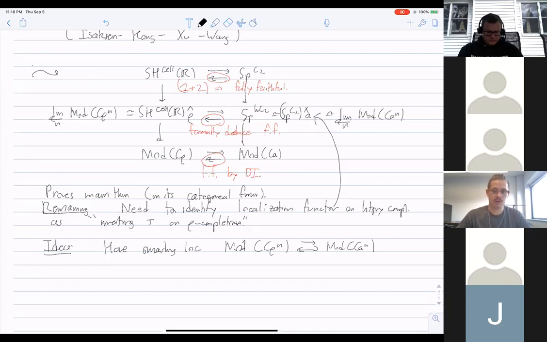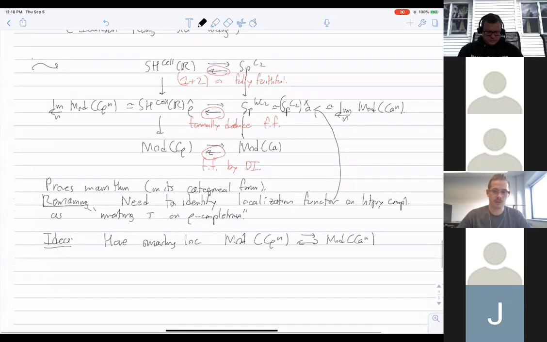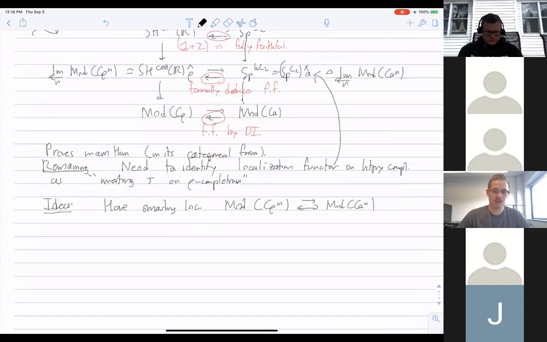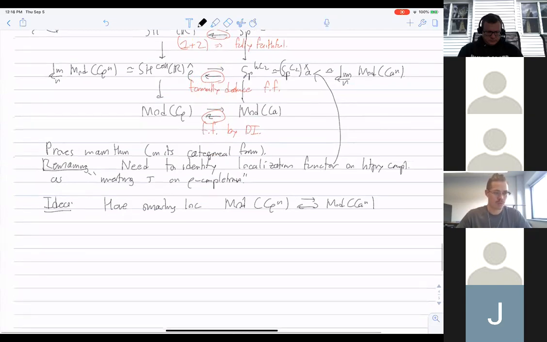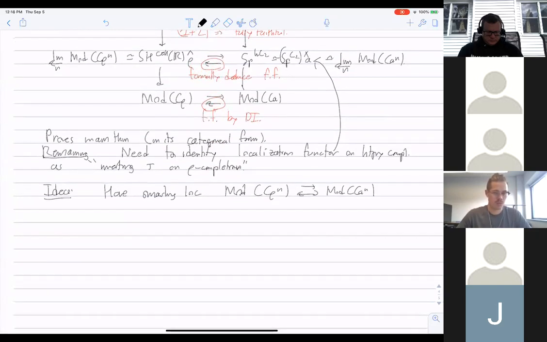And I also formally have deduced that these adjunctions are smashing localizations by knowing it at the base level, modules over the cofiber of rho and cofiber of a. So let's call that localization endofunctor Ln.